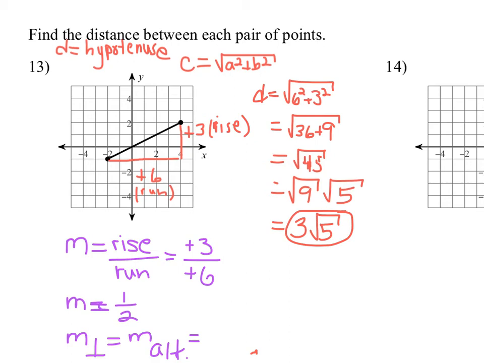So the opposite, it was a positive 1/2 to begin with, so we're going to get negative, and then the reciprocal of 1/2 is going to be 2 over 1, or simply a slope of -2.